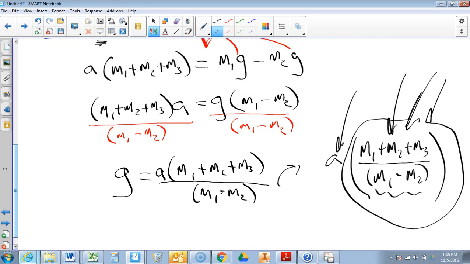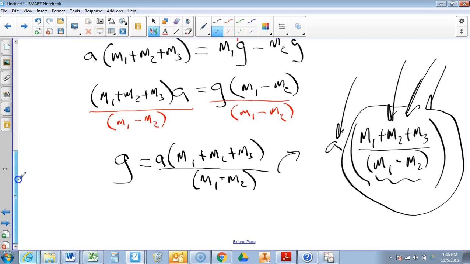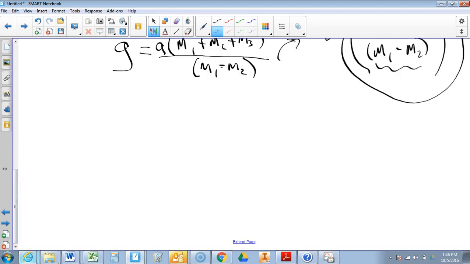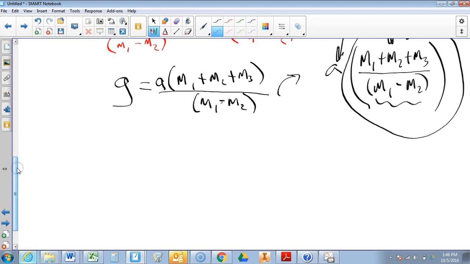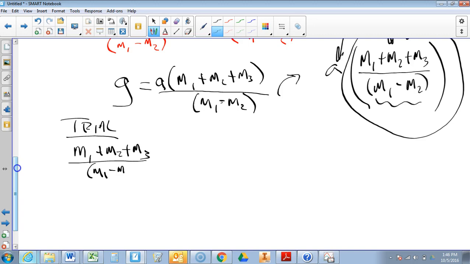So one way to find G at this point is to set up a table where, for every trial, you put in M1 plus M2 plus M3 over M1 minus M2.